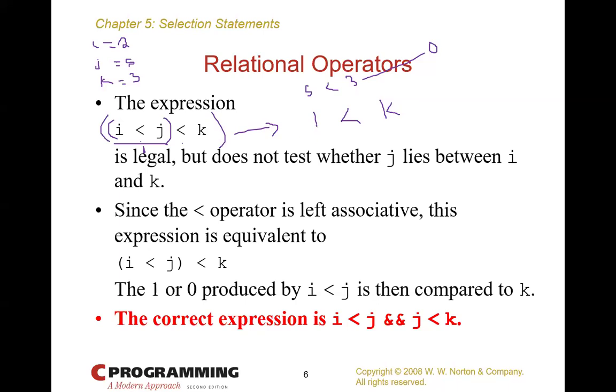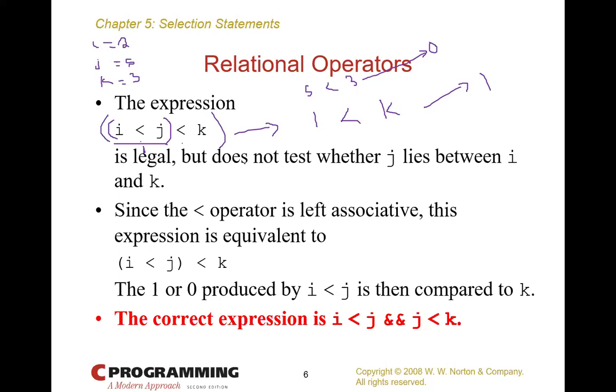But now that you have is 1 less than k, which is 3, the answer is true. So you see, the answer is completely the opposite of the expected answer. And this is why you need to understand that it is not the value of variables that are going to be used. It is the value of the expression, which is the result of the expression.